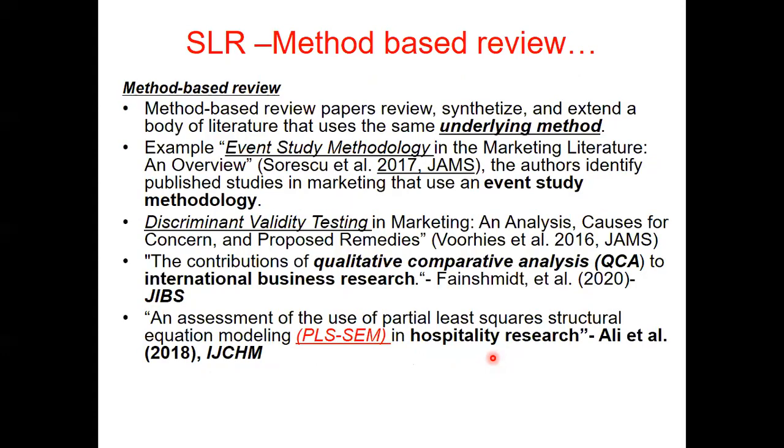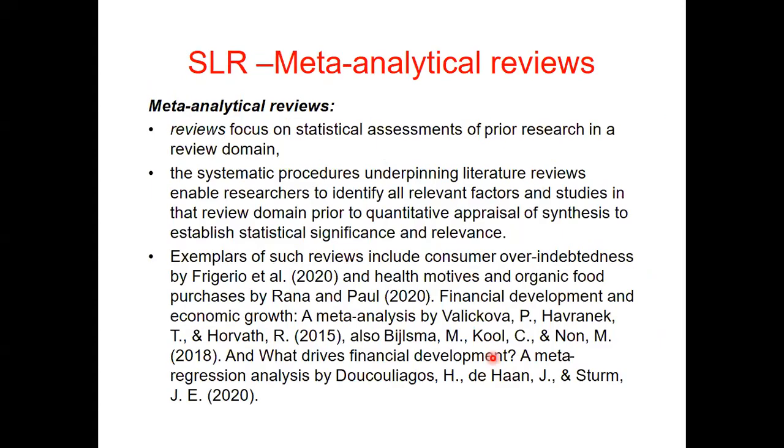Okay, these are some examples. You just read them. And then you have the meta-analytical reviews, which is what we're going to focus on also as part of this. They focus on statistical assessment of prior research in a review domain.